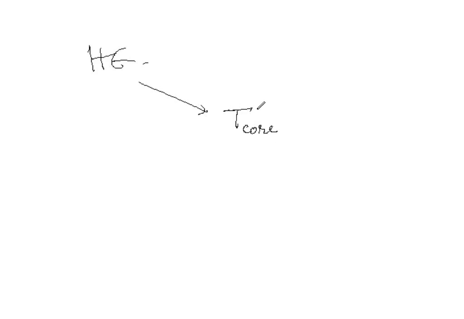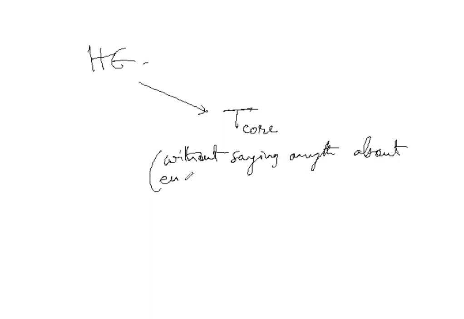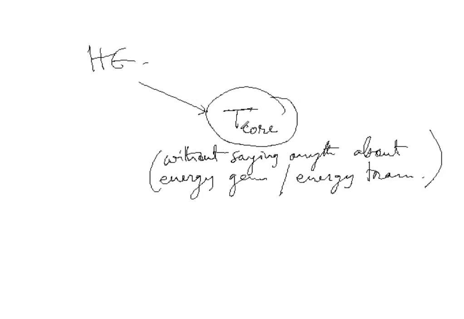Note that we can do this derivation without saying anything about energy generation or energy transport, right? And what have we done while doing this derivation? We have just used the observed radius of the sun and also the observed mass of the sun. That's just what we have used to do this.